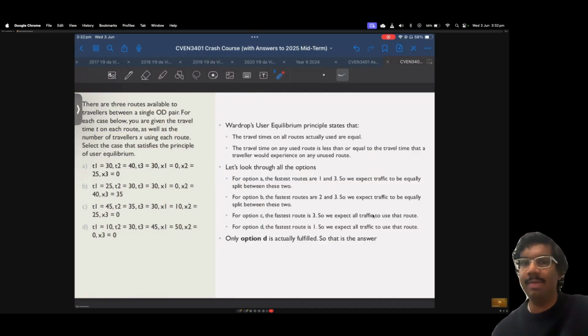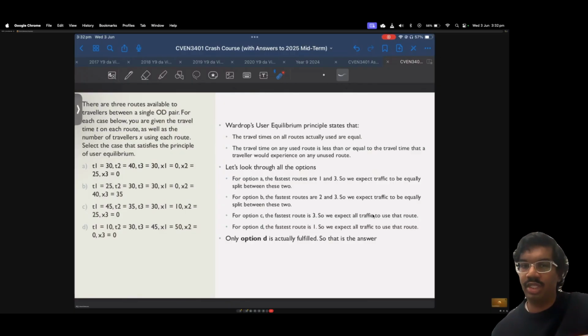Now, option B: route 1 takes 25 minutes, route 2 takes 30 minutes, route 3 takes 30 minutes. 0 people are using route 1, 40 people are using route 2, and 35 people are using route 3. Route 1 is the fastest, and yet people are using route 2 and 3 for some reason.